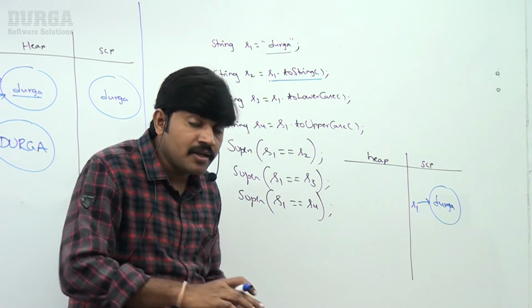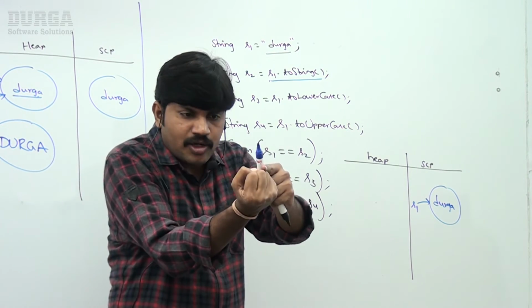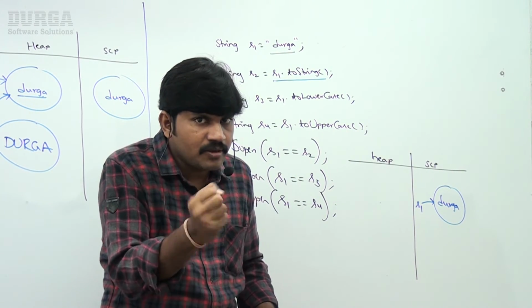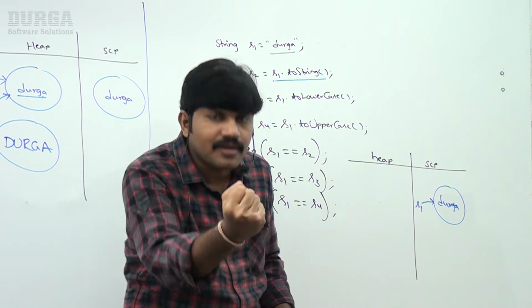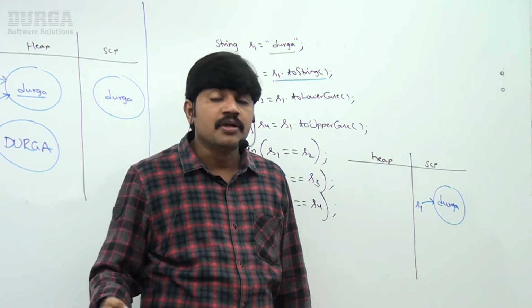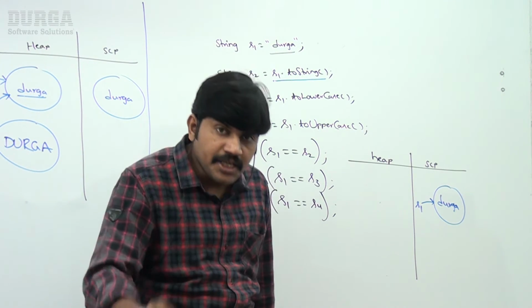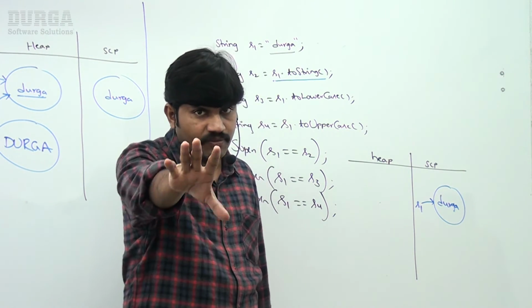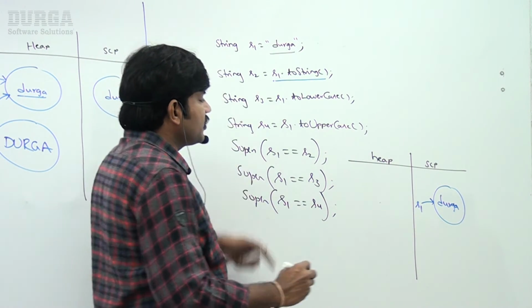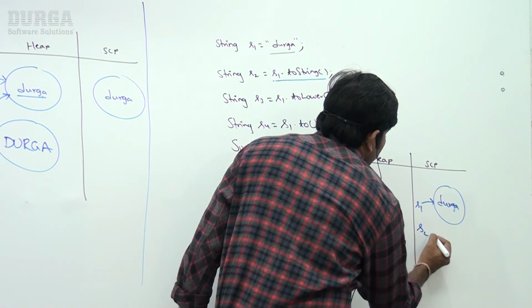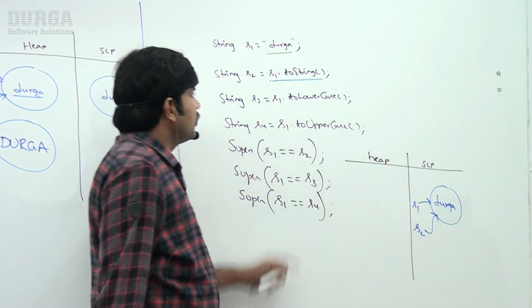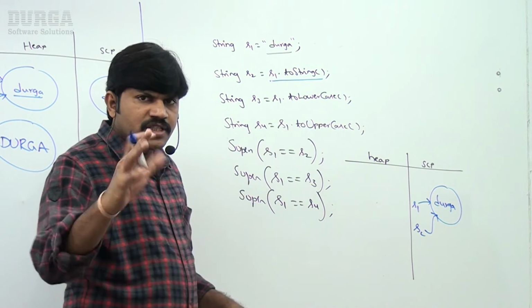If you perform some operation on the current object and because of that operation there is no change, then the current object only will be reused. Whether the current object is present in the heap area or the SCP area, the rule is always the same. That's why S2 is also pointing to the same object, because of this operation no change in the content.